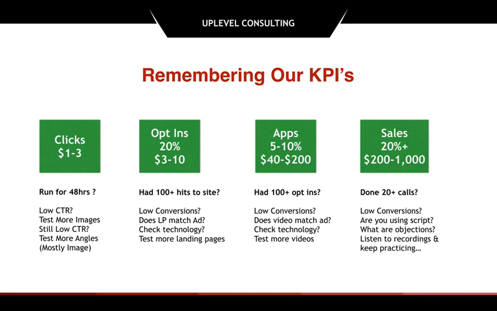Now, for us to know this number, that means we need 100 opt-ins. So if you've only had 10 opt-ins and no strategy sessions, no, we're not going to be able to help you. If you've had 50, 60, 70, we're still not going to be able to help you. You need to have 100 opt-ins. If you don't have 100 opt-ins, you're looking at a number that doesn't mean anything.